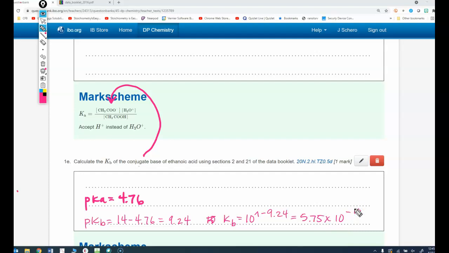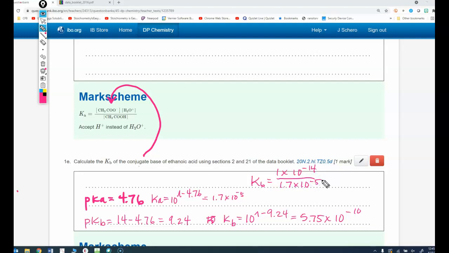The other way of doing this is converting to a Ka value, which would be 10 raised to the negative 4.76. When we do that, we get 1.7 times 10 to the negative 5, which we then use to find the Kb by taking 1 times 10 to the negative 14 divided by 1.7 times 10 to the negative 5.